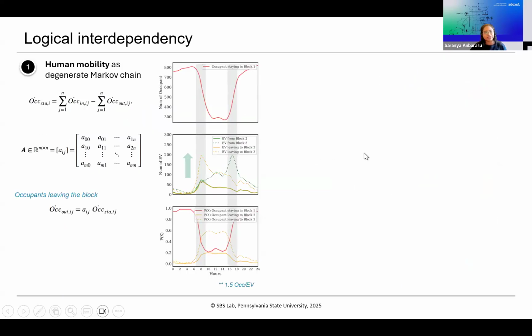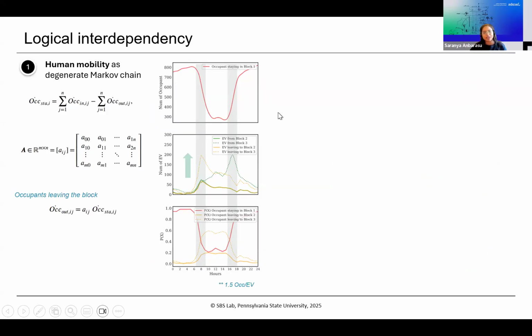And the last type of interdependency is the logical interdependencies, which focuses on how humans interact with these infrastructures, and how movement of humans across these blocks is going to change the energy consumption profiles of the blocks themselves.